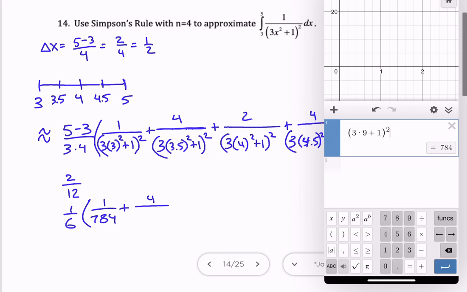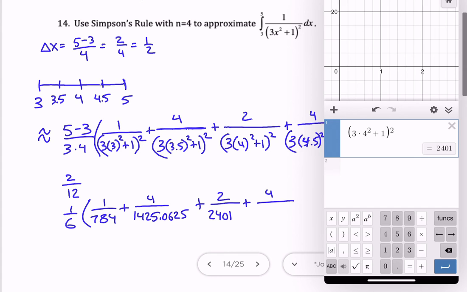The next one would be 3 times 3.5 squared. So it's 1425.0625. The next one would be 3 times 4 squared plus 1, so that's 2401.